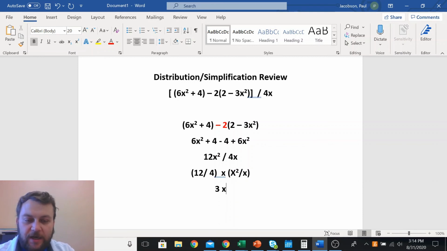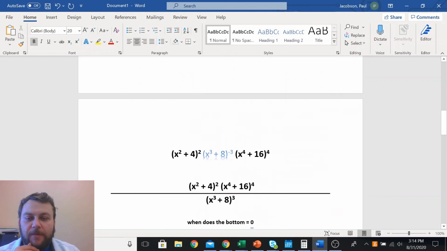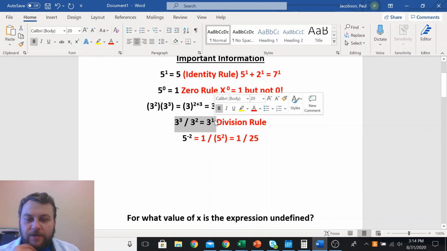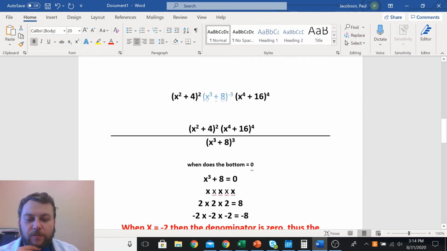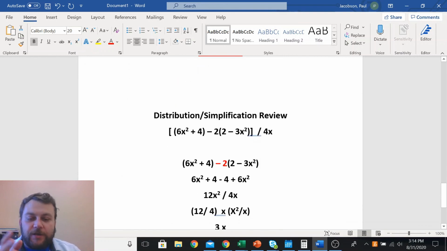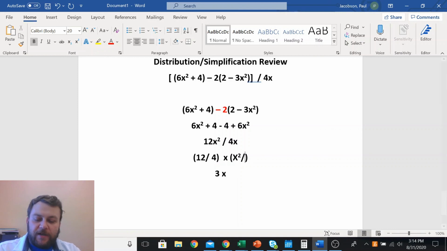So 3 times x squared divided by x. Remember the power rule that we talked about way up top, the division rule: you subtract the powers. What power does this x down here have? This x has the power of 1.